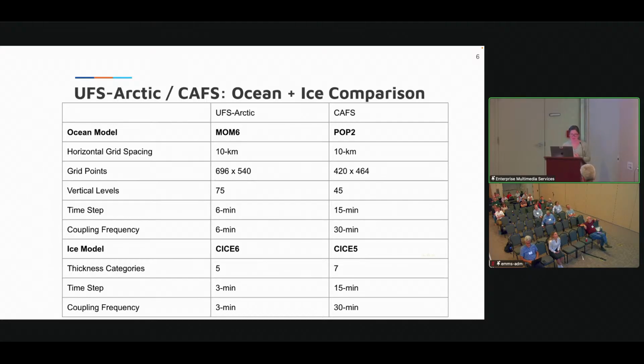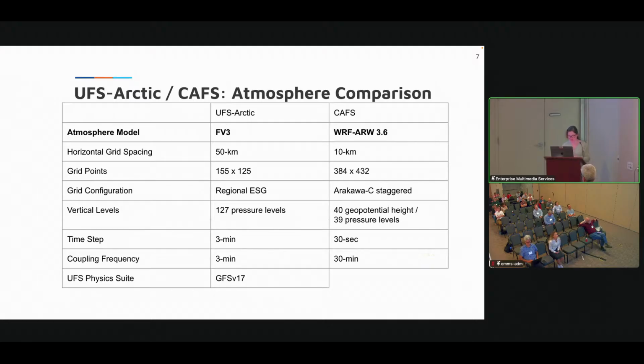In general, for the ocean and the ice, it's not that different. The resolution is the same. I'll go to the atmosphere. The atmosphere in ours is much more coarse, but as I said, we are looking to refine that further. Another thing I want to point out is that we're using the GFS v17 physics suite as well for our atmosphere run.